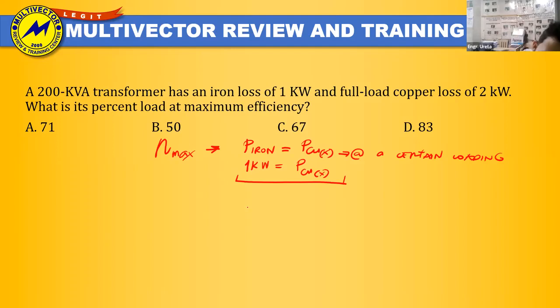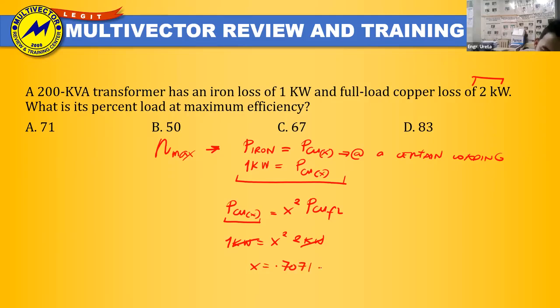The copper loss at any loading X is just equals to loading squared multiplied by the copper full load loss. So the P_cu at X, which is 1 kilowatt, is just equals to loading squared multiplied by the copper full load loss, which is 2 kilowatt.